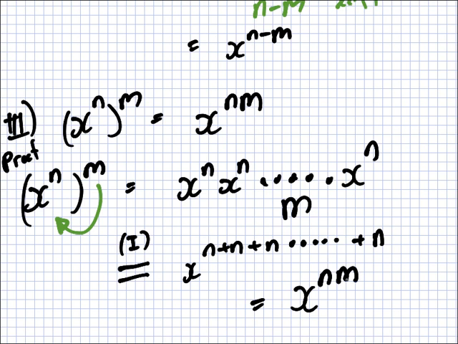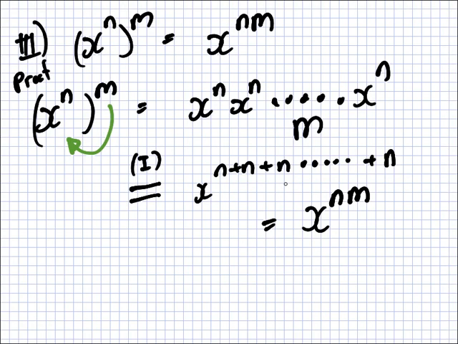If you can write that one down, that's rule 3. You got that? Yeah.